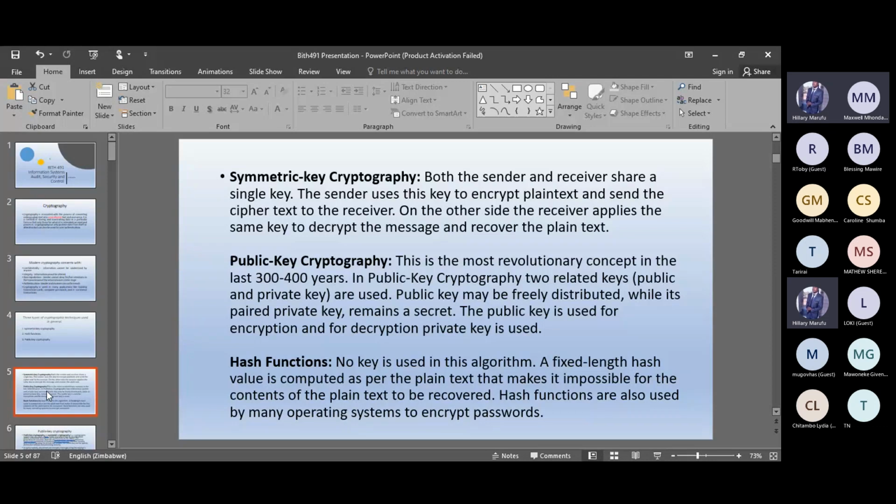So when, let's say, A sends data to B, the encryption key would be known, so it is easier for B to decrypt. This has limitations: once you get hold of that key, you can decrypt the data anyhow. So it is not that secure.